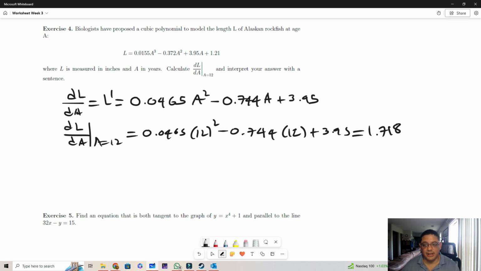Okay, so this is 1.718. And just gotta remember that this is a rate of change. So L is measured in inches, and A is measured in years. So this is 1.718 inches per year.